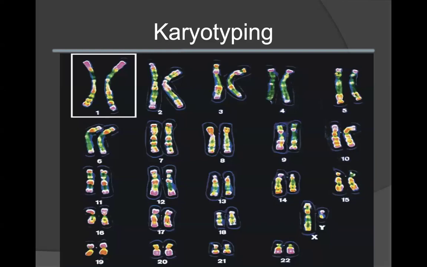This is an example of a typical karyotype. We can see here that chromosome 1 is the longest, arranged all the way to chromosome 22 being longest to shortest. We can also see the 23rd chromosome pair is our sex chromosomes, and in this case we have an X and a Y, representative of a male.